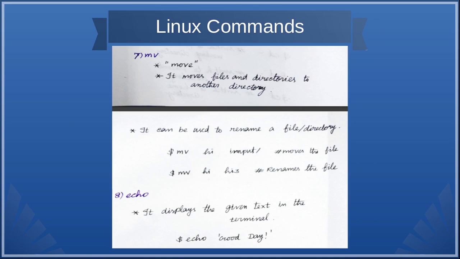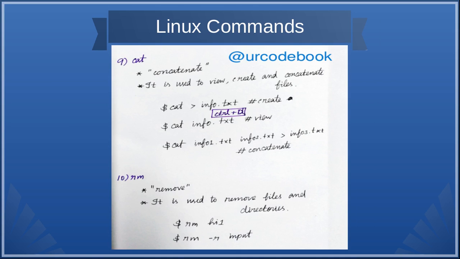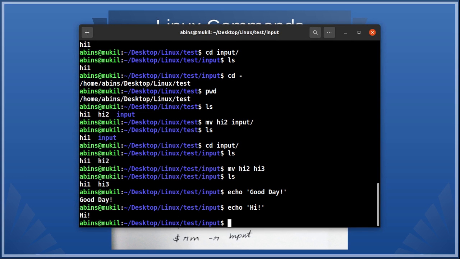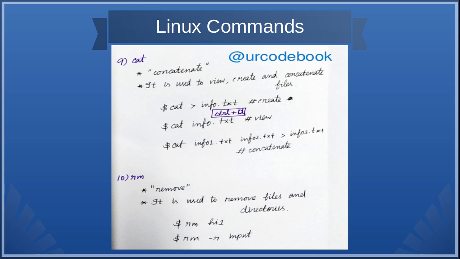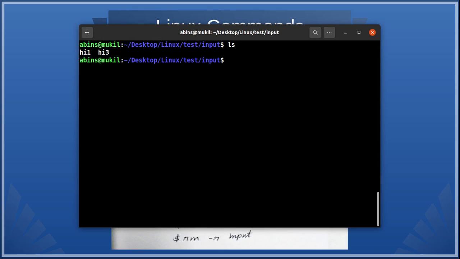And the next, cat, which stands for concatenate. This command is used to view, create and concatenate files. Let me explain. So ls, here hi1, hi3 files are available, and I'm going to create one file, cat info1.txt.